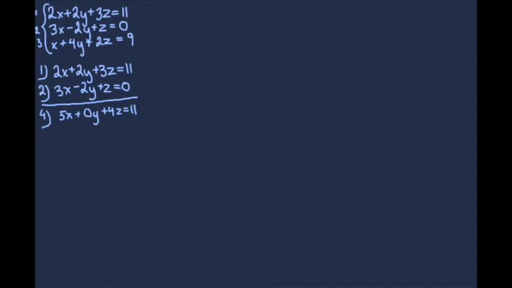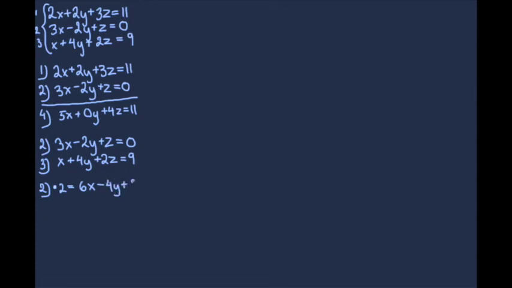After we've done this, we do the same with equations 2 and 3. First, multiply equation 2 with 2 to get 6x minus 4y plus 2z equals 0.